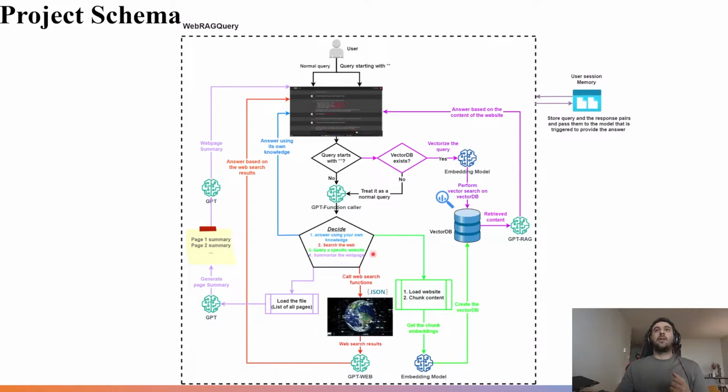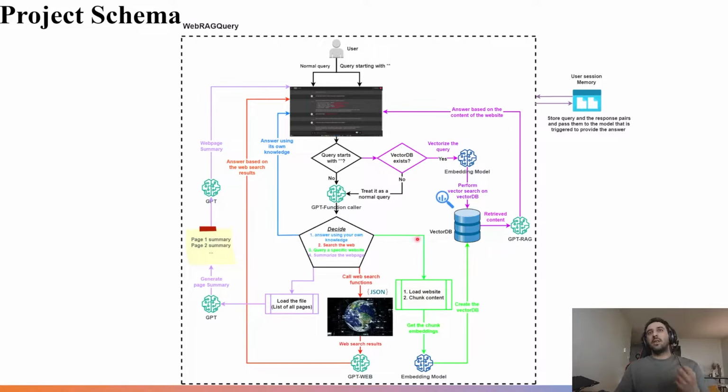The third functionality is if I ask the chatbot to prepare the content of a website so I can start asking questions about it. So this is the RAG side of this project. I pass my question to the chatbot, it goes to the first GPT function caller, and now again it is going to give me a function in the output, but this time I know exactly what that function is and what it is going to do.